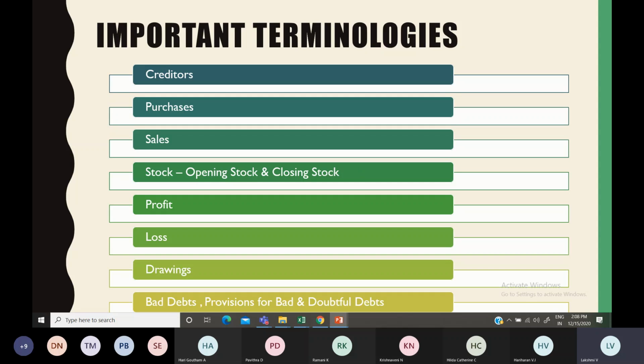Right from whatever you have purchased, some cotton or wool or whatever material you have bought, that raw material is also stock, and whatever has been carried through the production process and is waiting for delivery to the customers can also be named as stock.